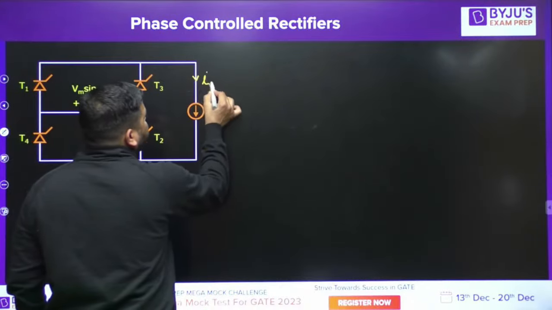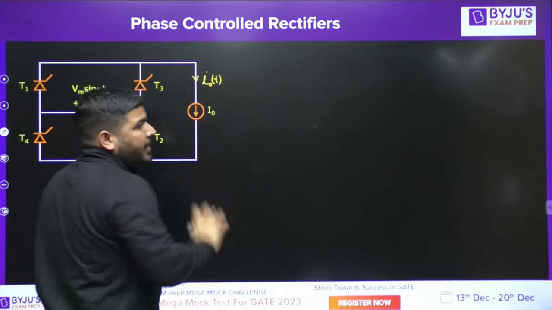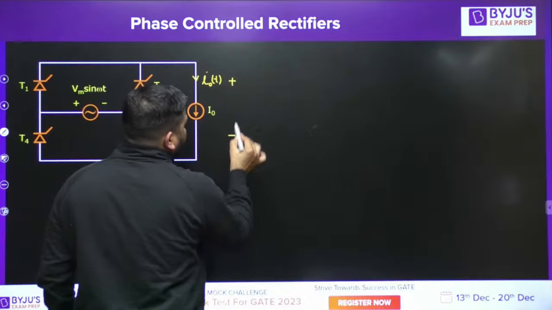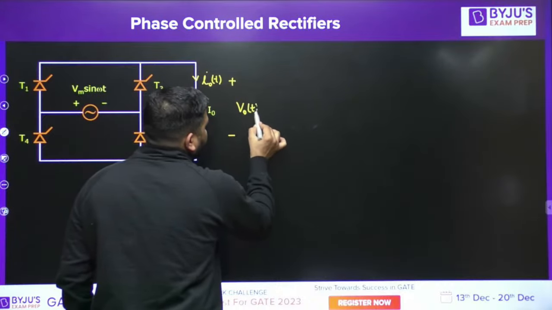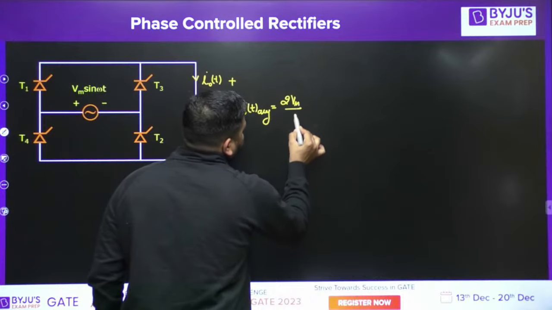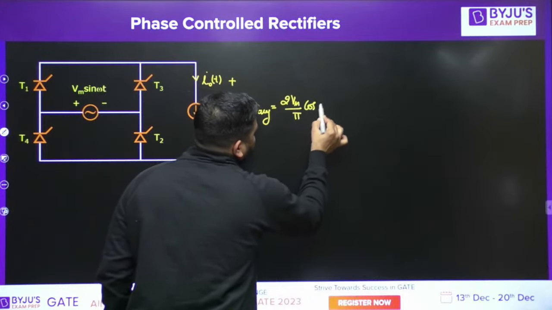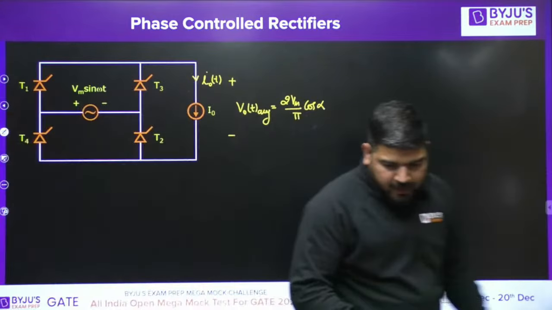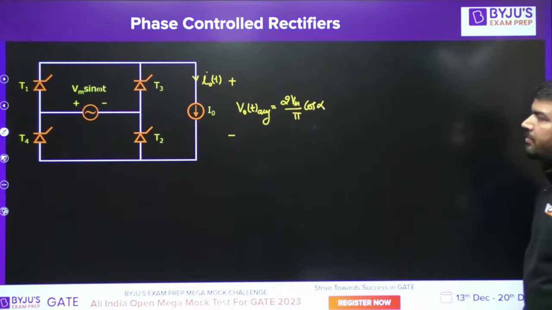I naught T will always flow, so the conduction is always continuous. If the conduction is always continuous, output voltage V naught T average will always be 2 Vm by pi cos alpha. Just remember this point.